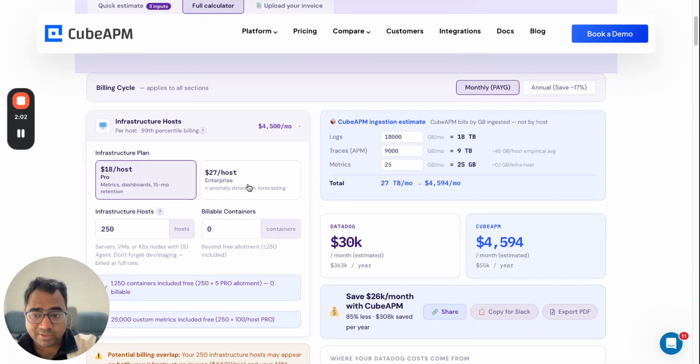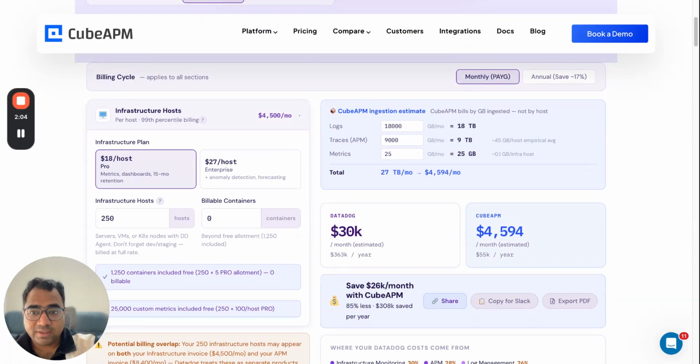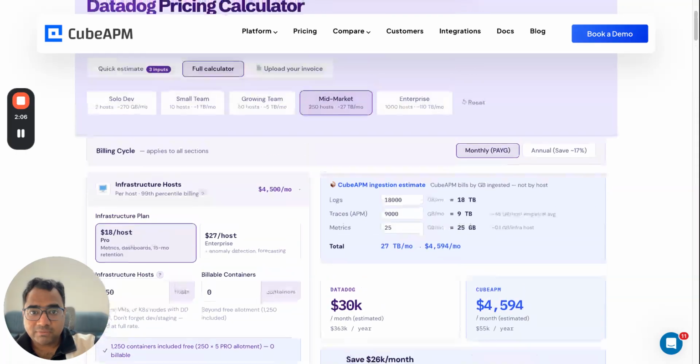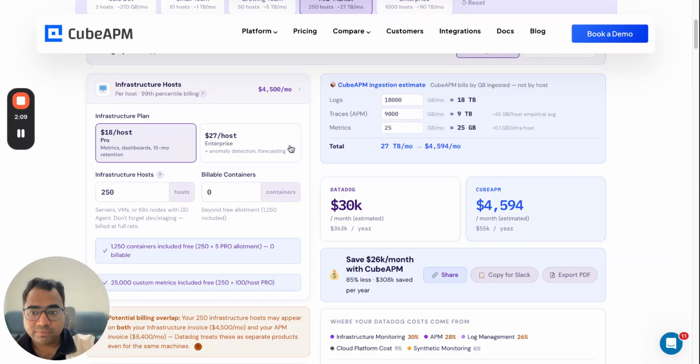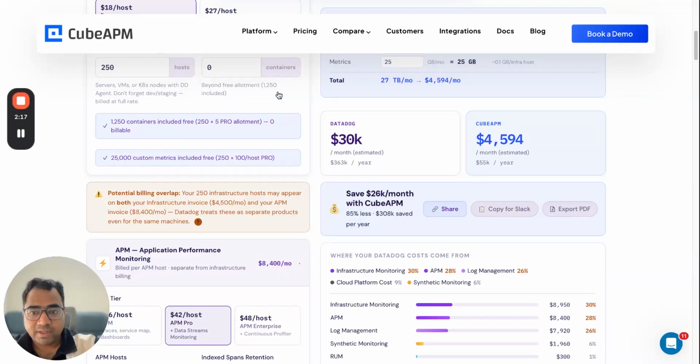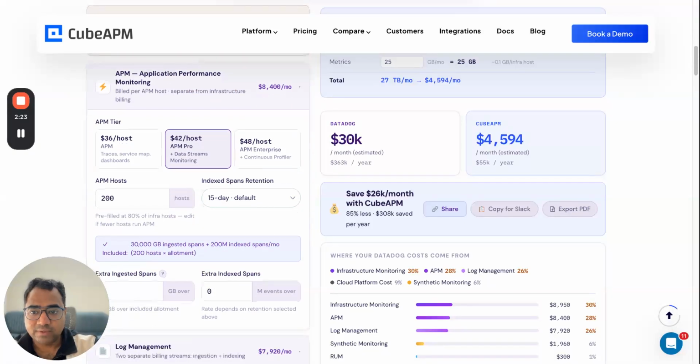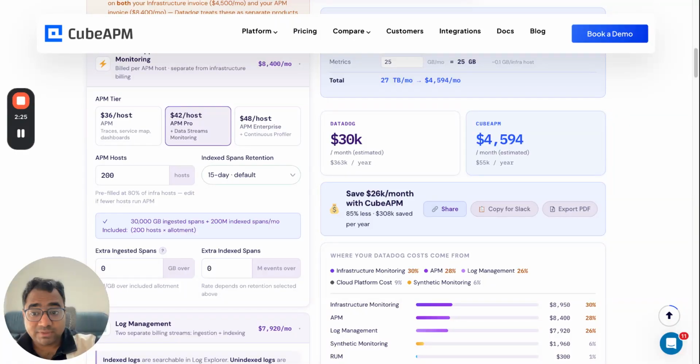Now on the left, I'll be able to see all the Datadog pricing. For example, in this case I have 250 hosts, so for 250 infrastructure hosts, if I am on a pro plan, my total billing for infrastructure is $4,500 per month. It also mentions how many custom metrics I am allowed, how many containers are included for free, etc. Now, since we have 250 infra hosts, a number of those hosts would be APM hosts as well.